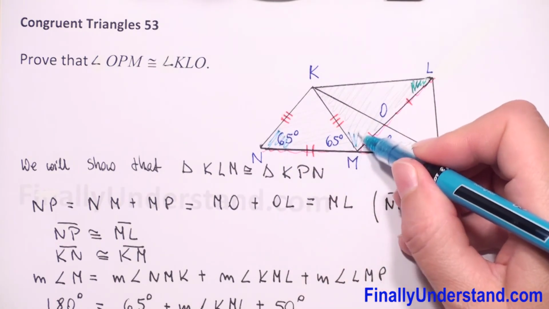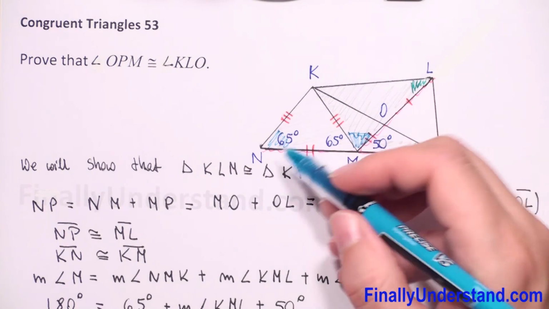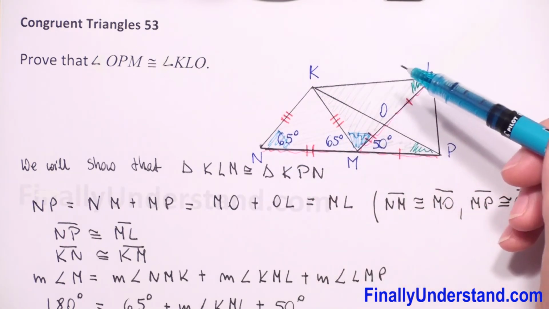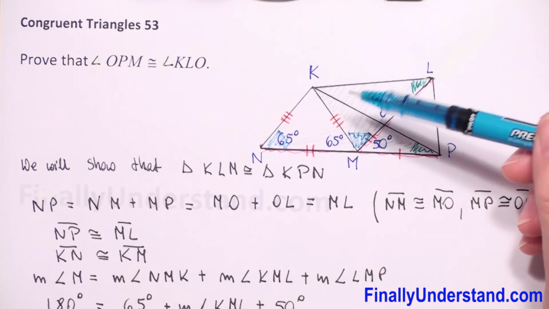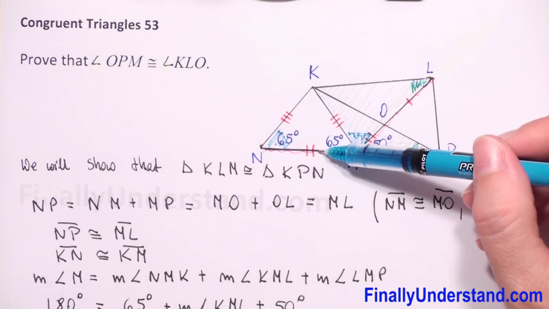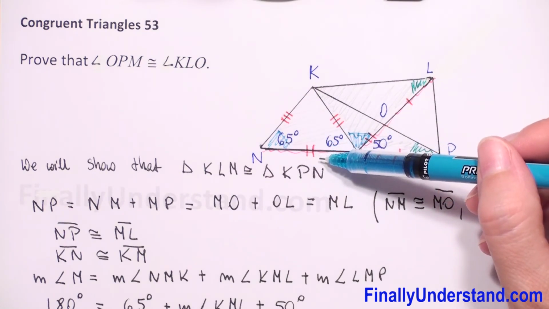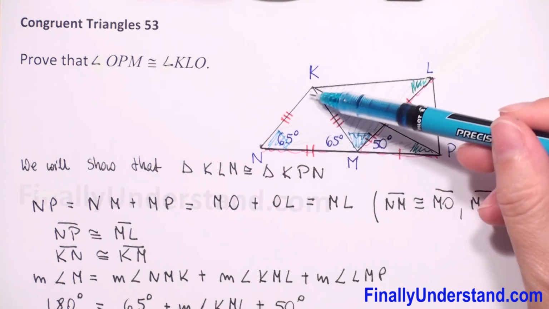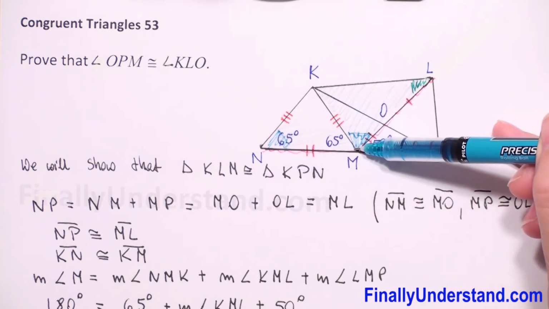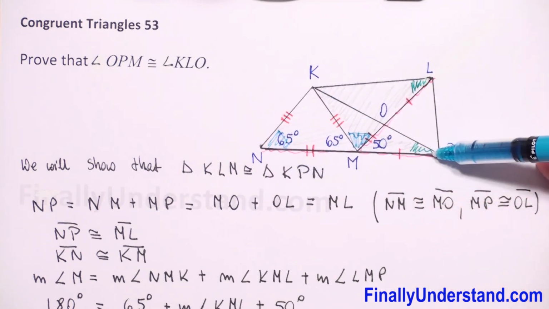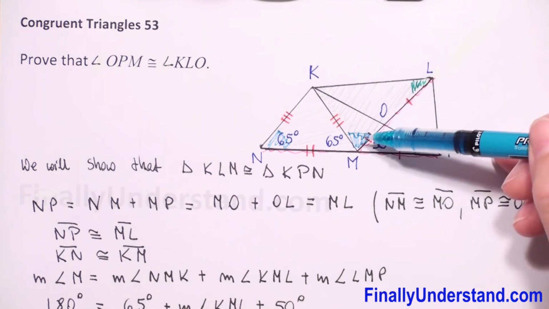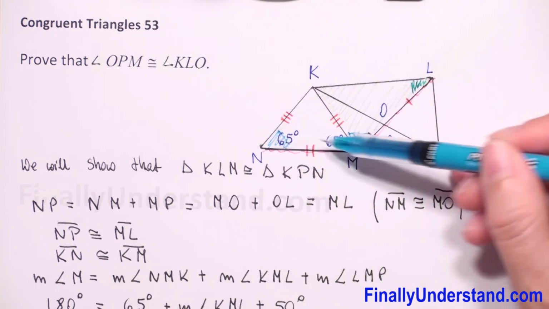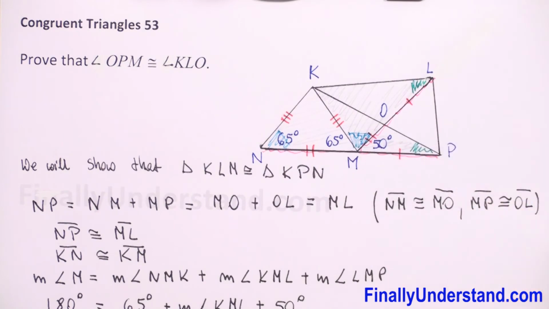And here is 65 degrees. So we can use now side angle side congruent postulate, because this side is the same like that, and this like that, and we have these two angles congruent.